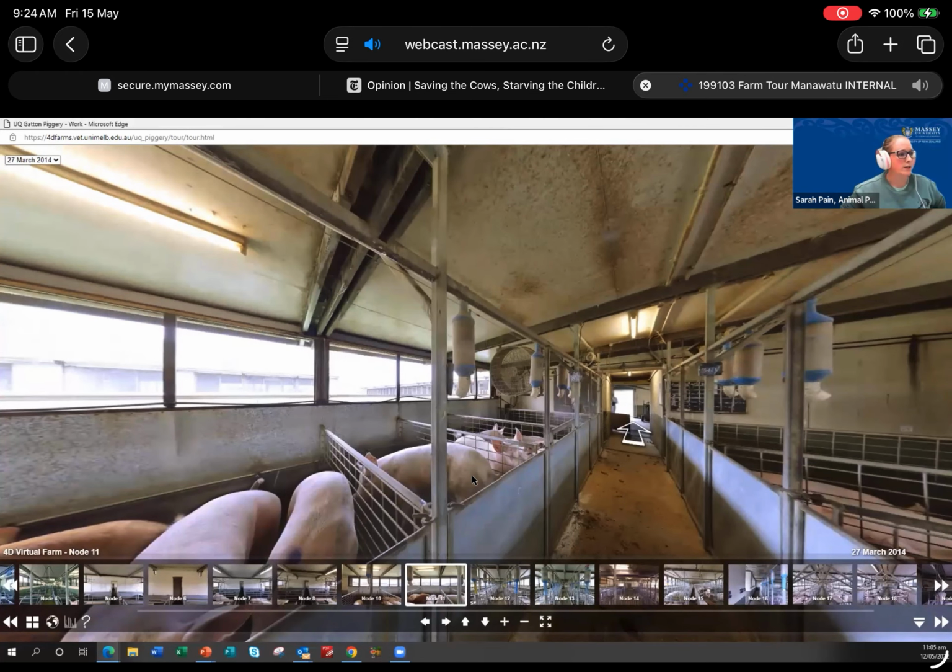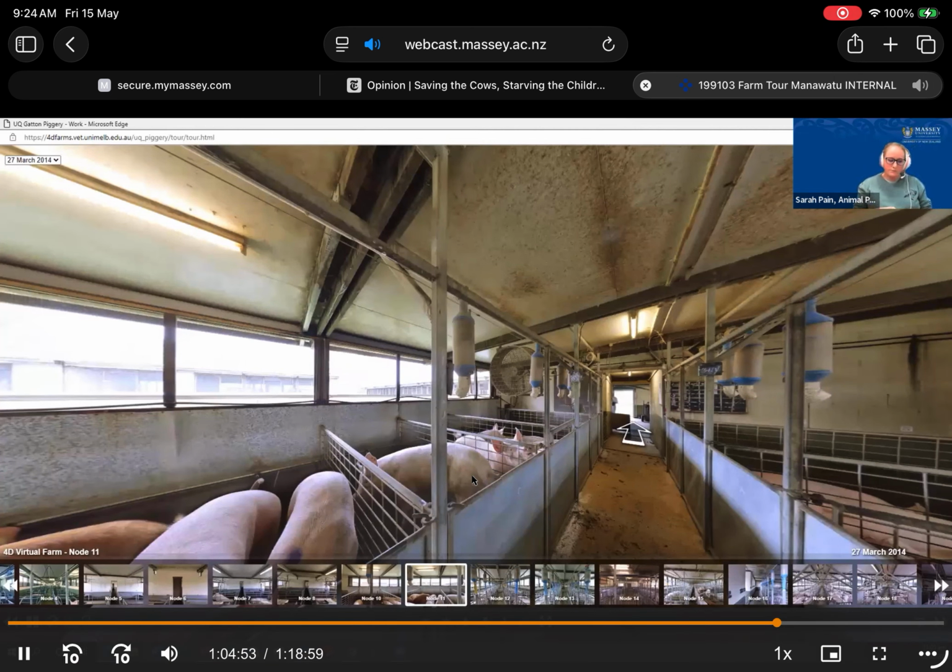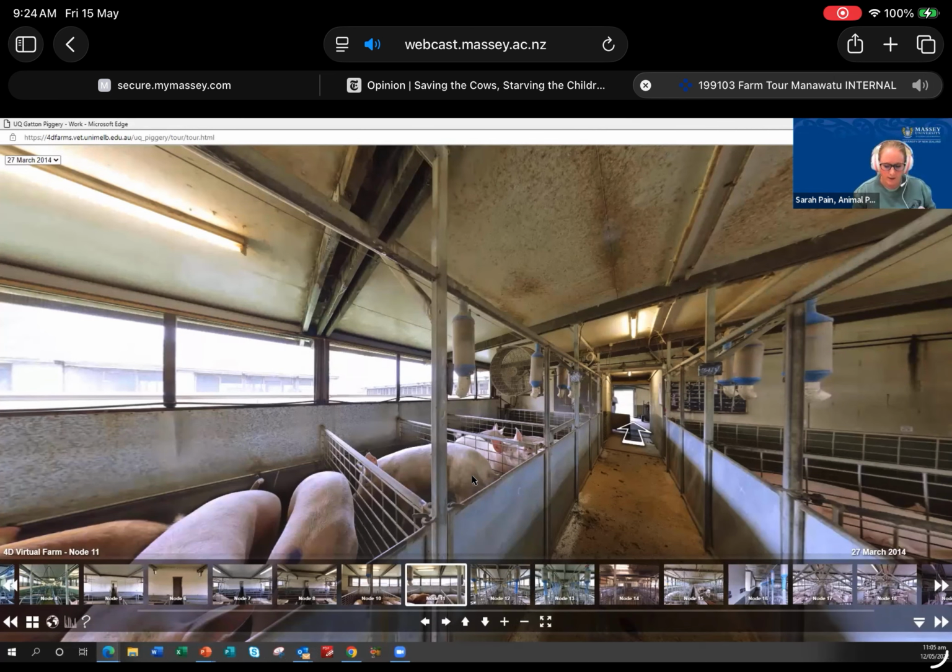These are just some slightly bigger pigs, so these will be finisher pigs. So I'll give you the notes for that. Piglets are born, they are weaned from their mother, and they're referred to as a weaner. And then they become growers.